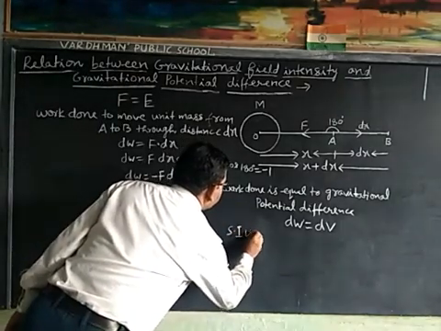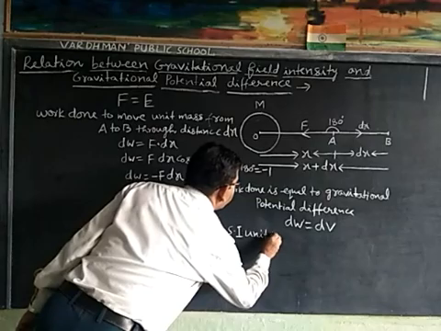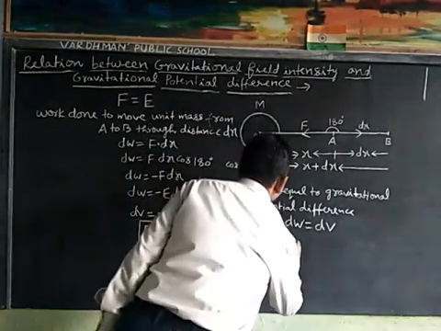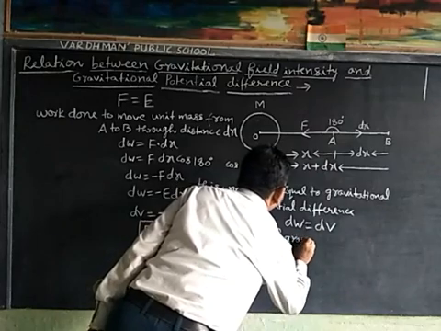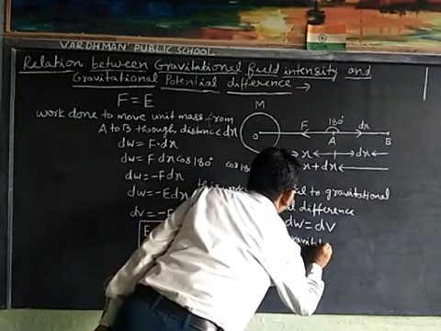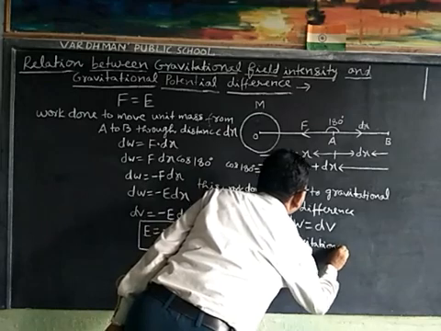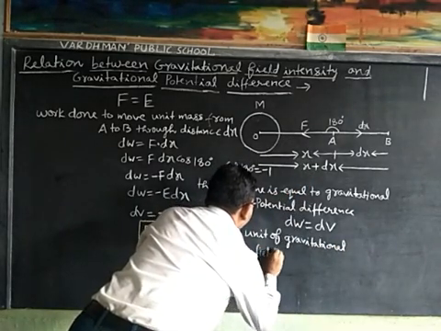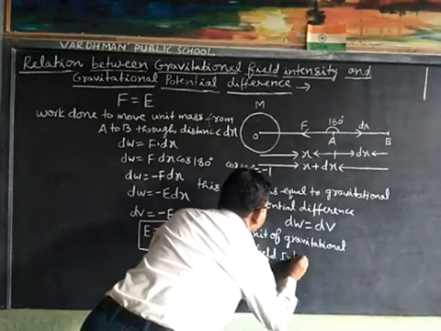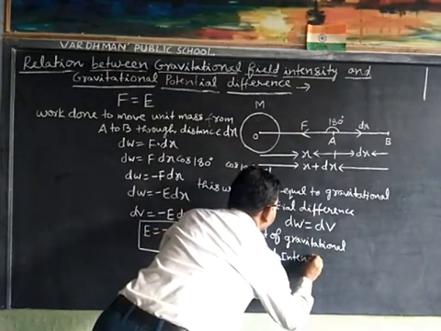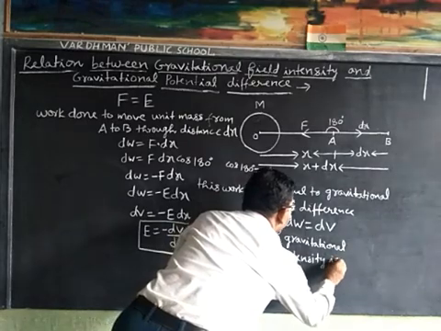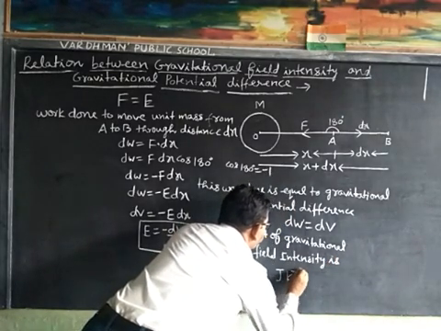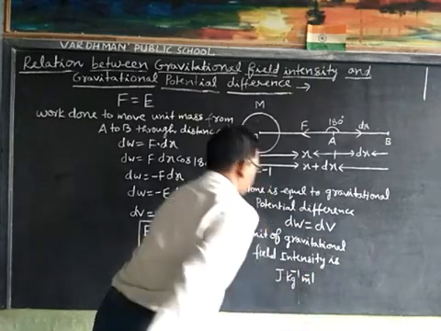SI unit of gravitational field intensity is joule per kilogram per meter.